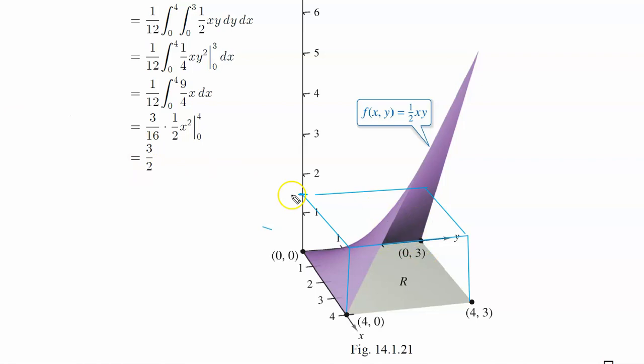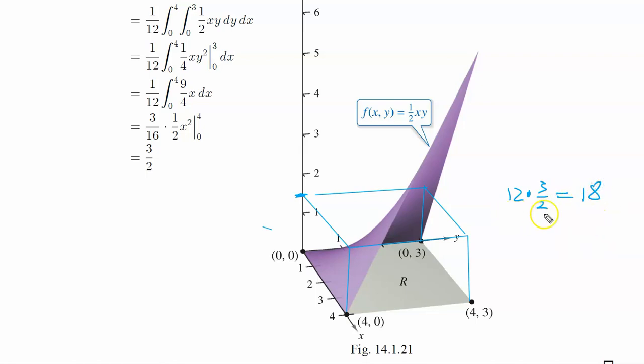So here we have a box that is of height 1.5 with base being the region R. Now the volume of this box, of course, is going to be the area of R, 12 times 1.5. And of course, that is going to be 18.